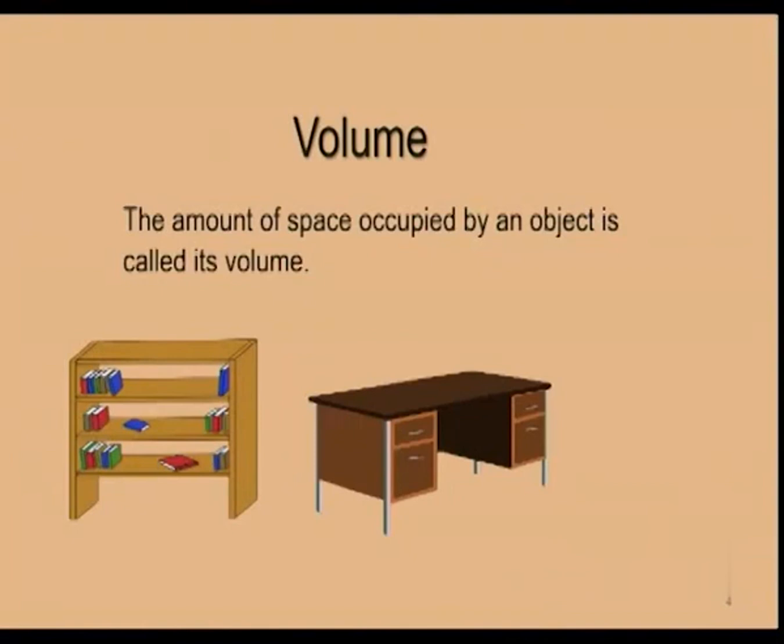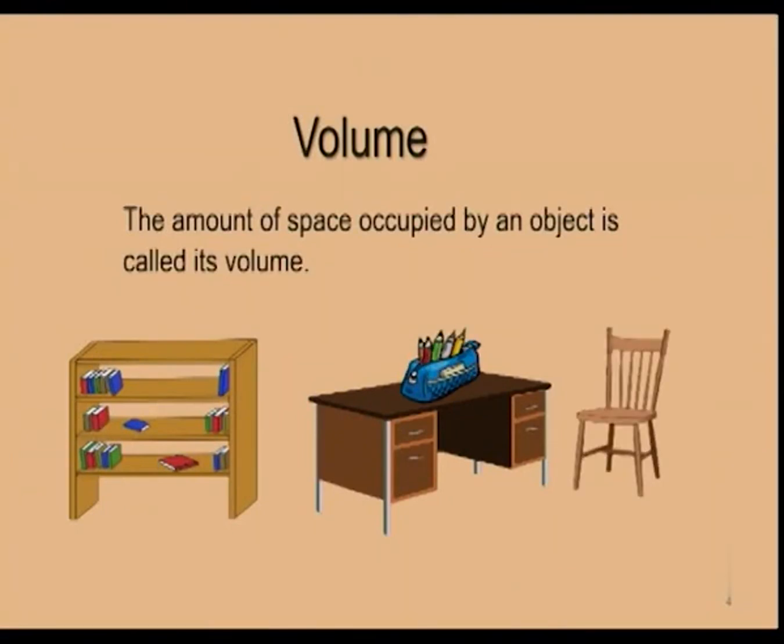There are cupboards, chairs, tables, books, a lot of things in your environment. These objects have a certain amount of volume. We can measure this volume also. But in this lesson, we mainly focus our attention on the volume of a cube and a cuboid. Okay, let's move to our first part, volume of a cuboid.